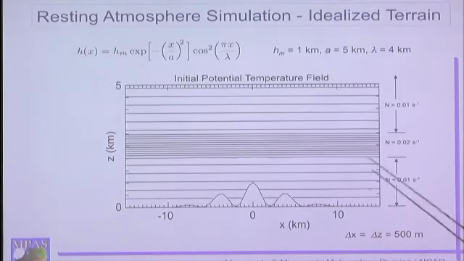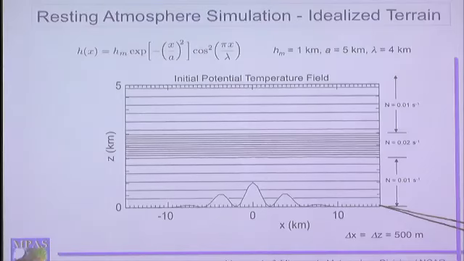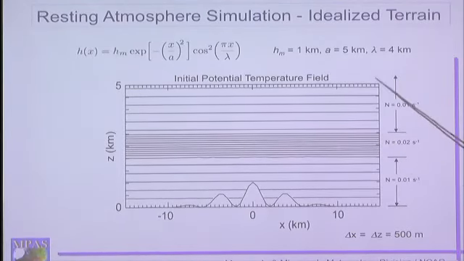We've specified a thermodynamic profile, a potential temperature profile, if you like, that has constant 0.01 stability up to 2 kilometers here. Then there's a 1 kilometer deep, essentially isothermal layer with N equal to 0.02, and then it goes back to this lower lapse rate.